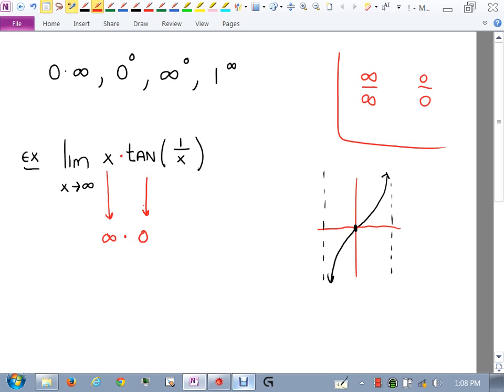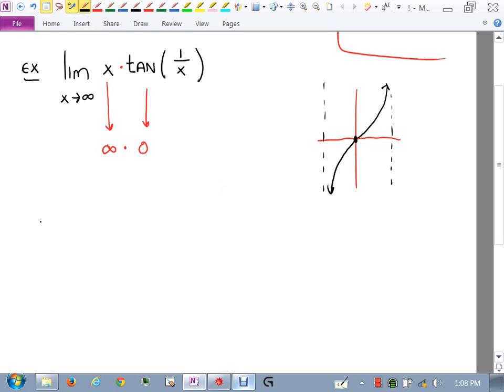Whenever we have that situation, it's called an indeterminate form. We don't know what happens. We have to do something. So what we said last class is that anytime you see infinity times 0, or it could be the other way, 0 times infinity, but whenever there's a product of 0 and infinity together, you will always take one of them and drop it down to the denominator. But when you do that, it has to reciprocate. So what do I mean by that?